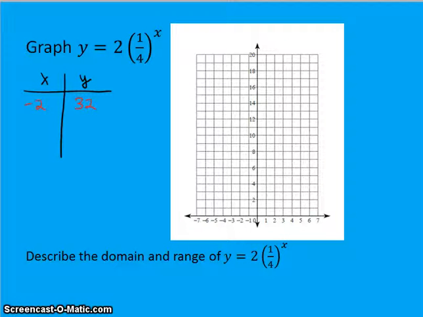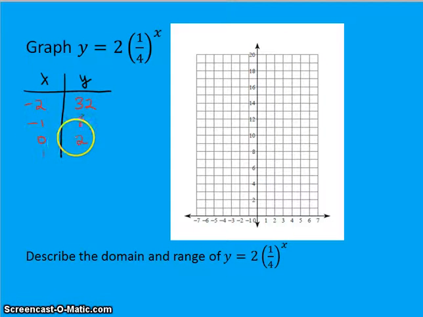Notice the b value, the one in front of the exponent, is less than 1, so it is going to be exponential decay. So if we put in negative 1 here, 1/4 to the negative 1, or I'm using 0.25 to the negative 1, is 4, times 2 is 8. So negative 1, 8. If we plug in 0, 1/4 to the 0, anything to the 0, remember, is 1, times 2 is 2.